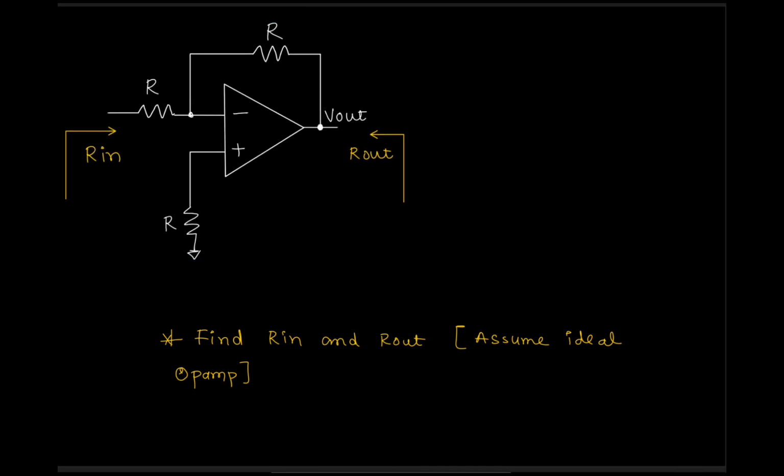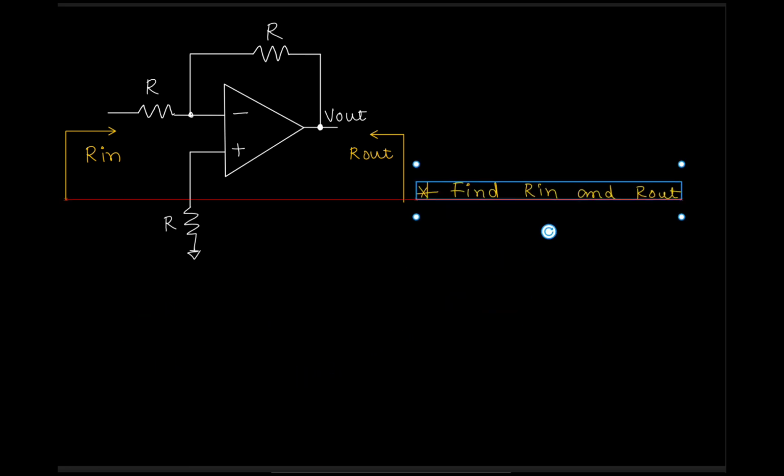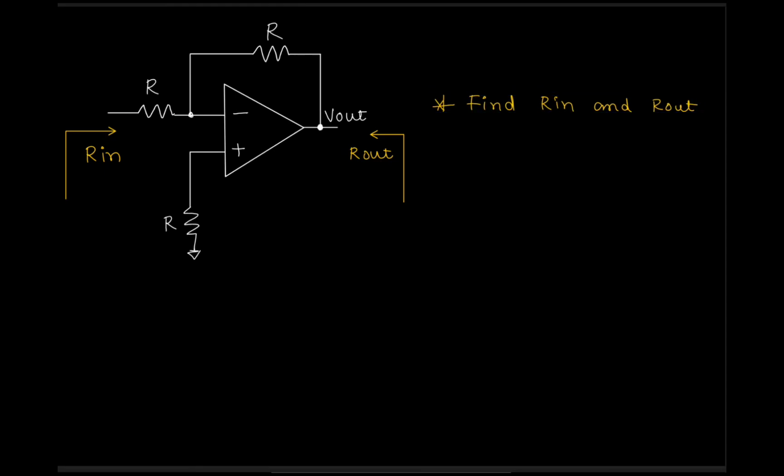So assume everything is ideal now, and then tell what will be the input resistance and output resistance of an op-amp. Okay, so for the input resistance, what you have to do is connect a voltage source here on the node.